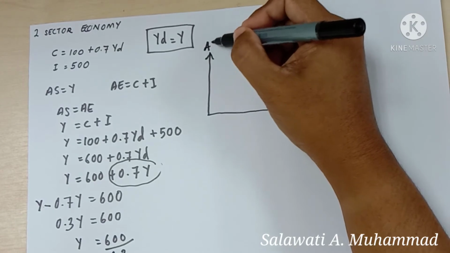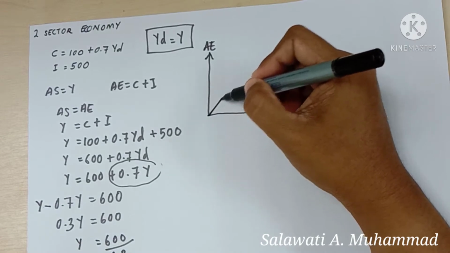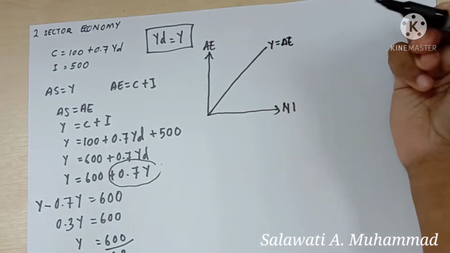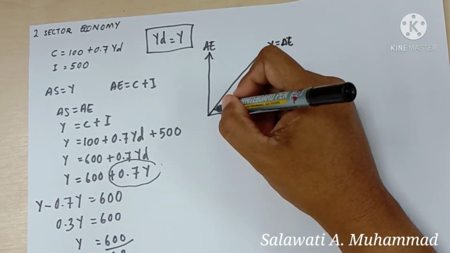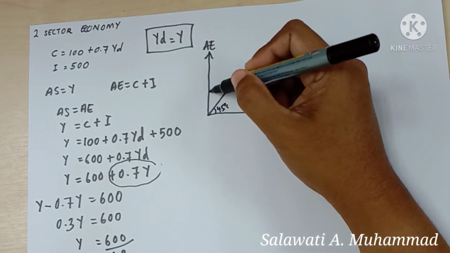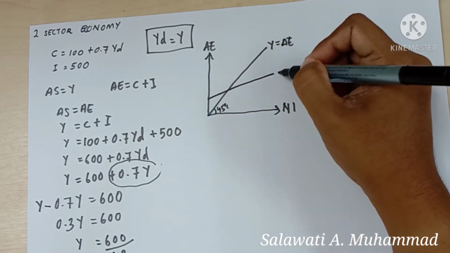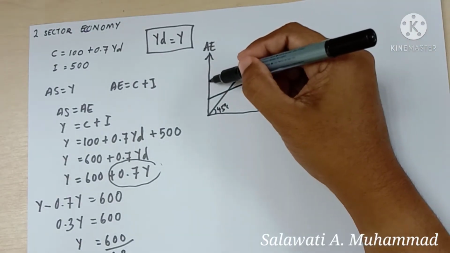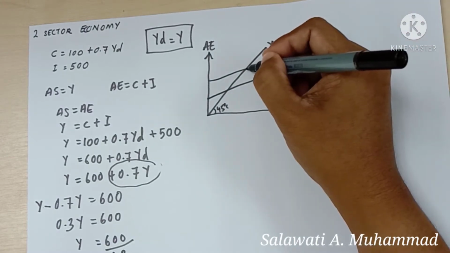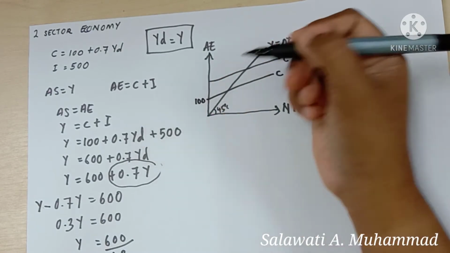Okay, when we draw it into a diagram, this is AE, this is national income. This is the 45 degree line. This is C. This is C plus I. For C, the autonomous amount here will be 100.